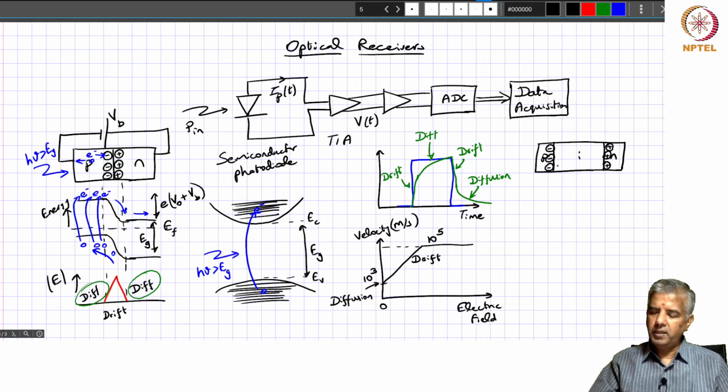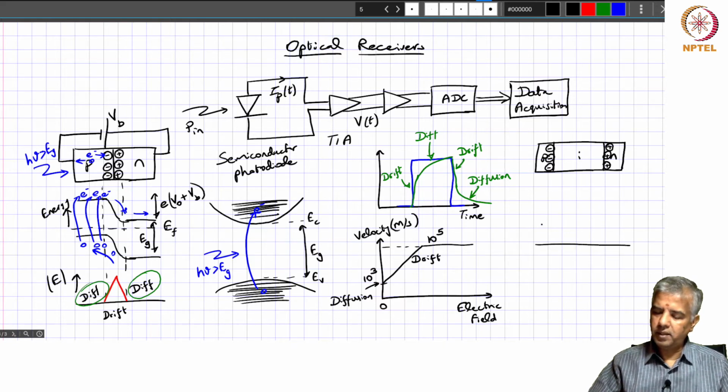So when you look at the electric field because of this, what you will see is, when you plot the electric field across this structure, you're once again plotting the magnitude of the electric field. The magnitude of the electric field will be something like this.